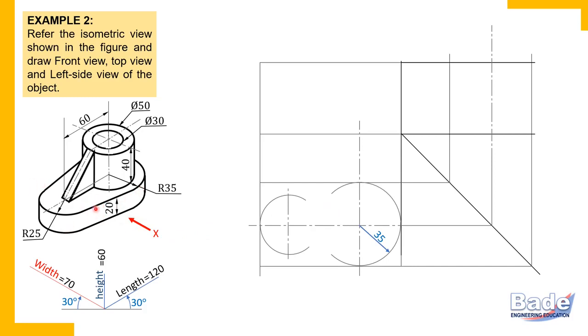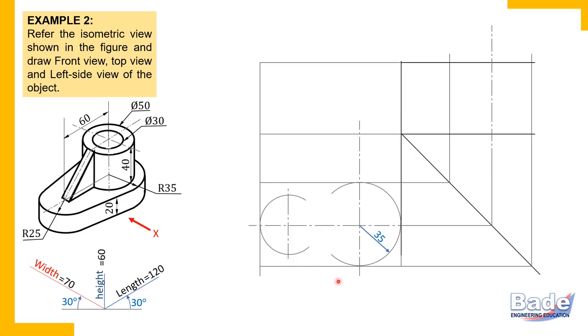And check here, this edge meets the curved edges tangentially. There is no sharp corner where the straight edge meets the curved edge. No sharp corner here. That means this edge meets these two curves tangentially.